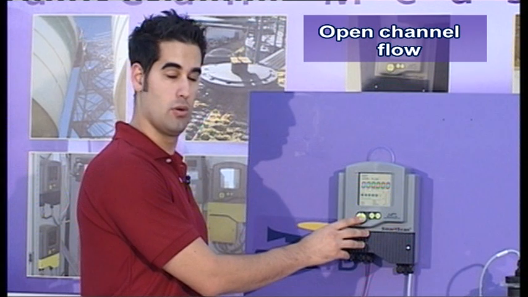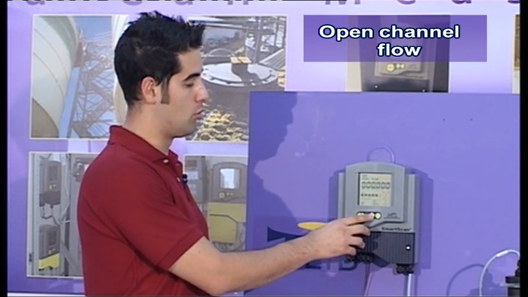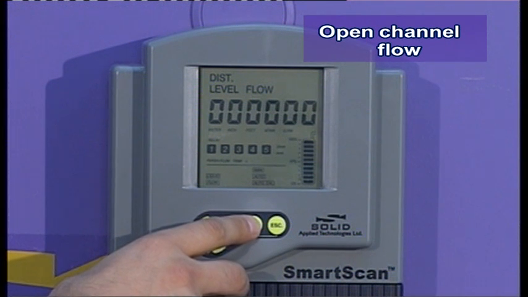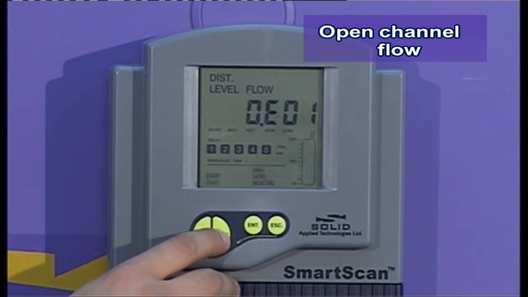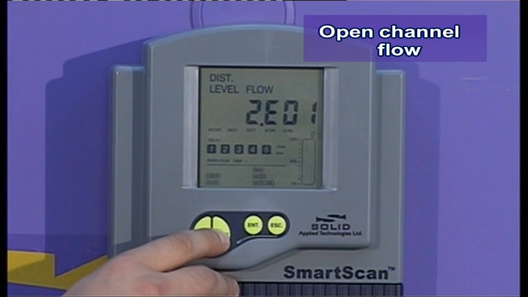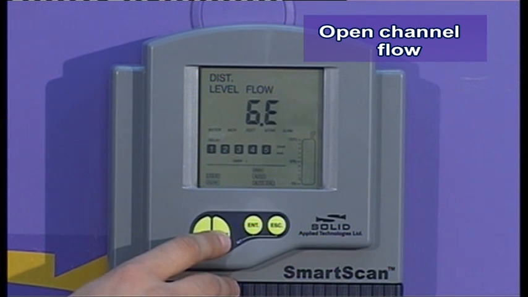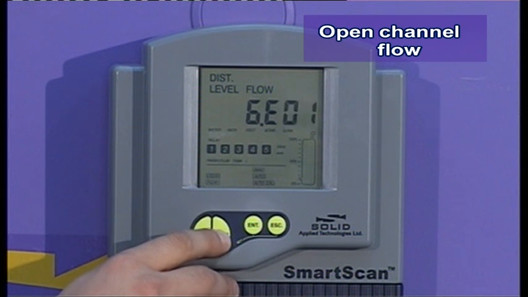And then the user will have to choose the type of flume or weir. For example, we will choose partial flume, which means code 6, with throat width of 24 inches, which means code 8 after the E indication.